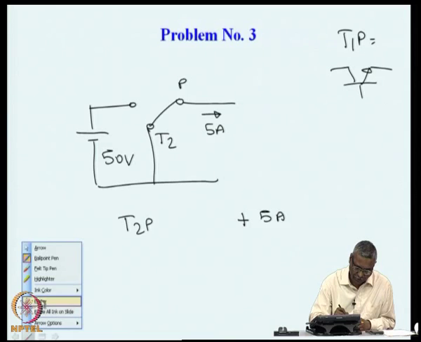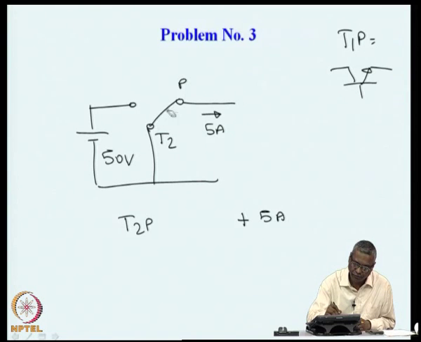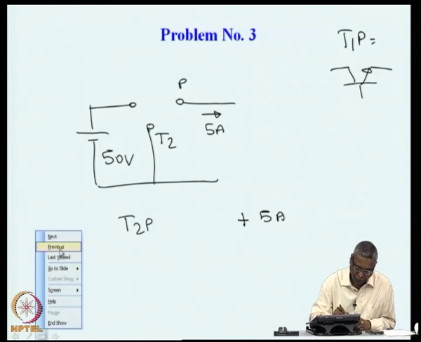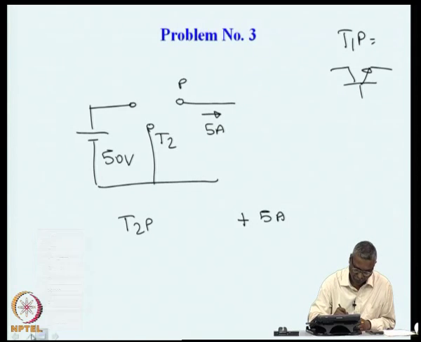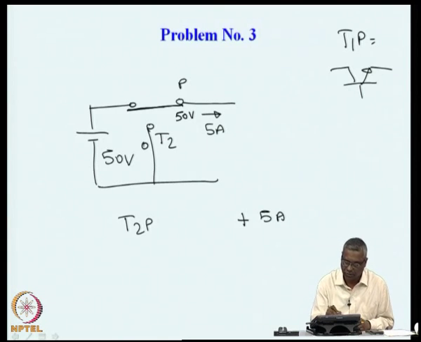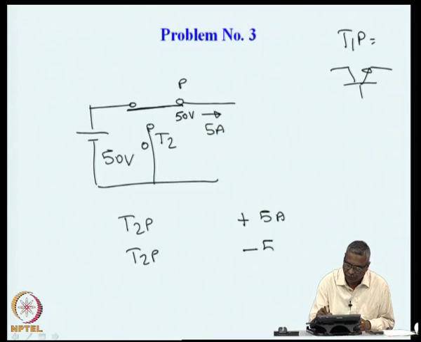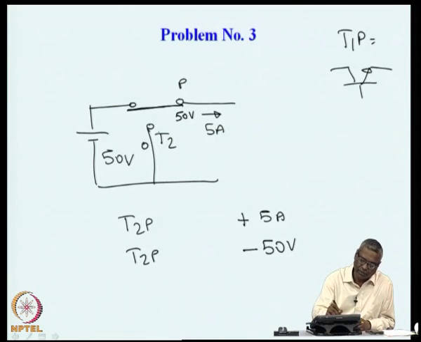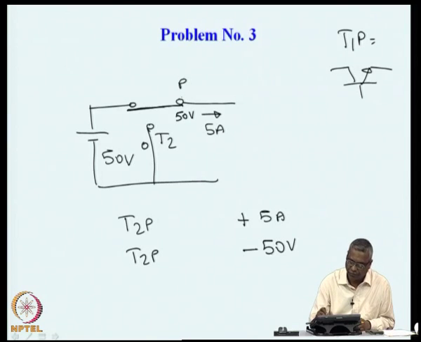the other switch is conducting. At that time the voltage here is 50 volts and the voltage here is 0 volts. So, T2P has minus 50 volts, that is T2 is at 0 potential, P is at plus 50 potential.